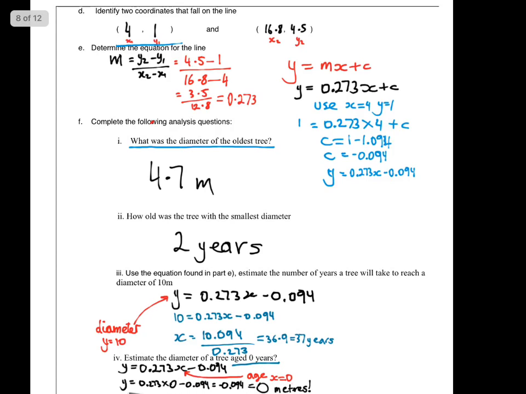And from that, I'll have this calculation I have to do. 0.273 times 0 minus 0.094. And that just gives me this number, negative 0.094. And that is approximately close to 0 meters, which makes sense. At an age of 0 years, as soon as the plant is born, it has 0 diameter.